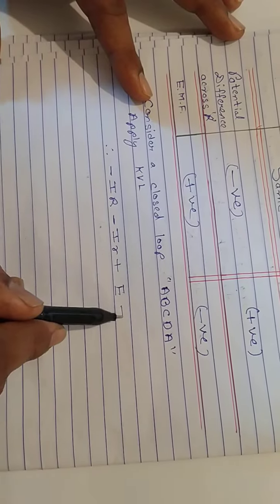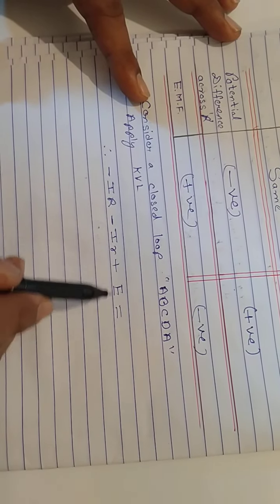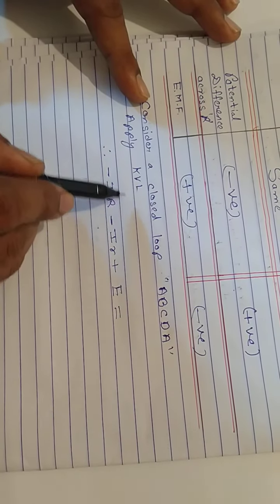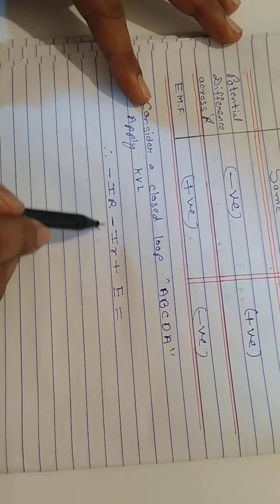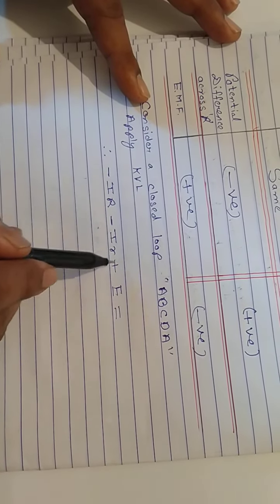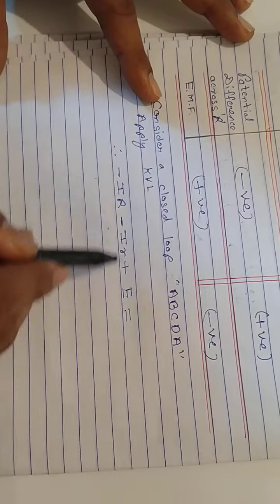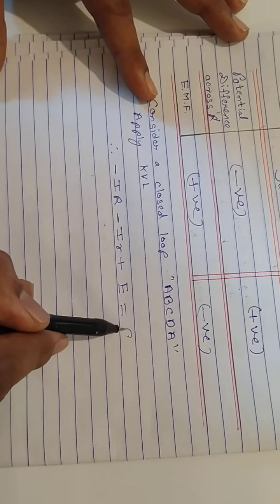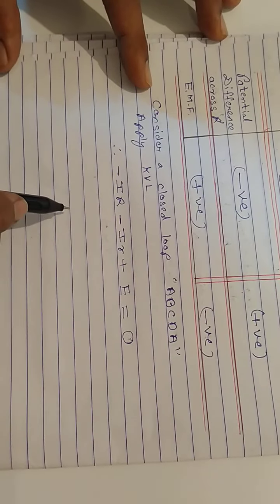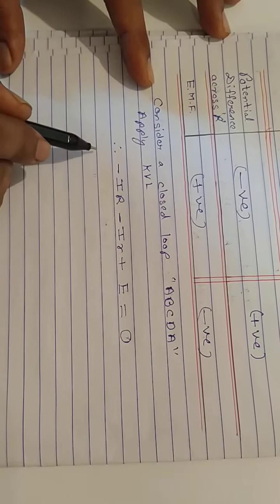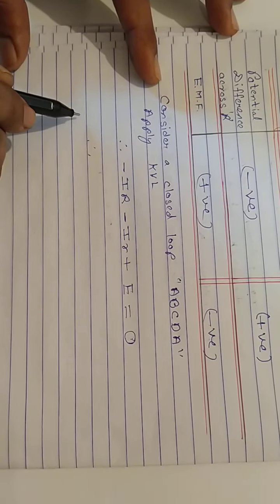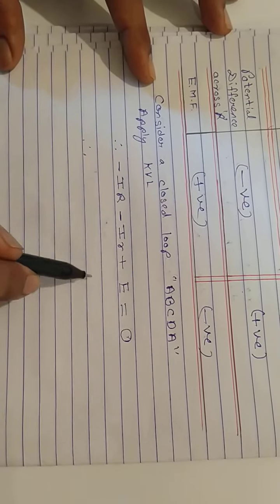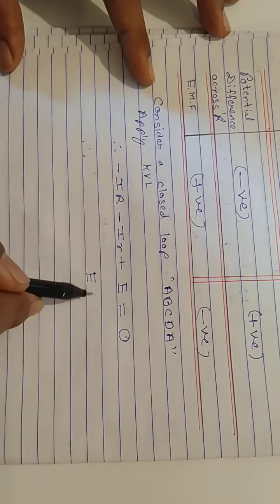KVL states that the algebraic sum of all potential differences of all components and the algebraic sum of all EMF in a closed loop is always 0. We apply KVL. Now, simple mathematics we are going to follow. I will keep E on the left hand side.